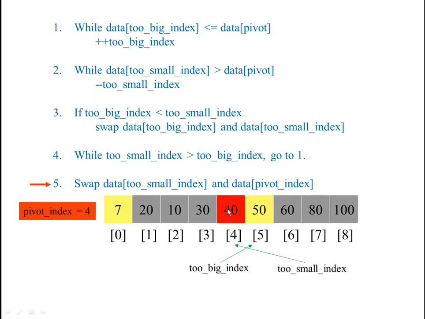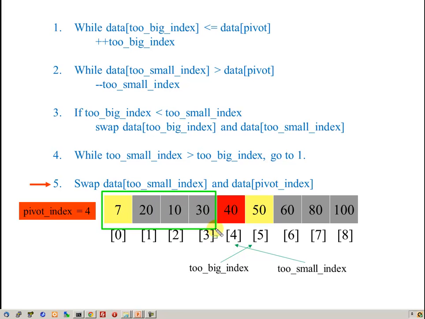Now the interesting thing you might notice in this process is that we have created 2 arrays, one which contains elements which are all less than 40, and the other which contains elements which are all greater than 40. Now what is the next process?